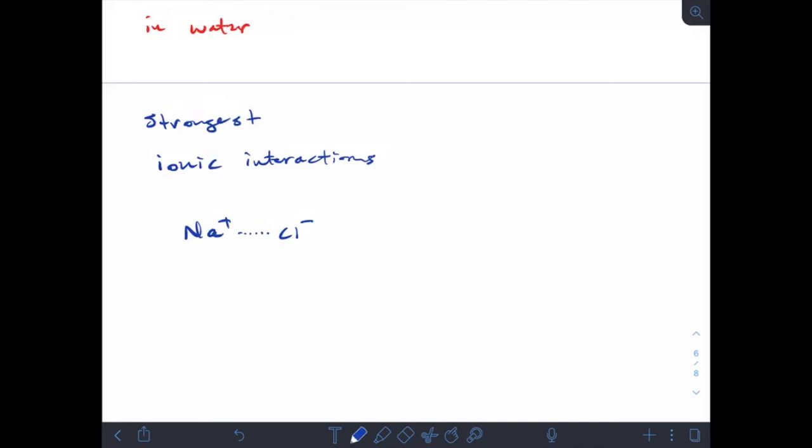We don't have even whole molecules that are half positive, half negative. We just have a whole positive and a whole negative, and we're coming together. But strictly speaking, ionic interactions are not interactions between molecules. They're interactions between two atoms that happen to be positive and negative charged. But they are technically the strongest of the forces.